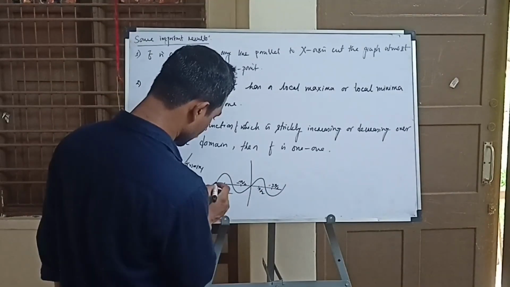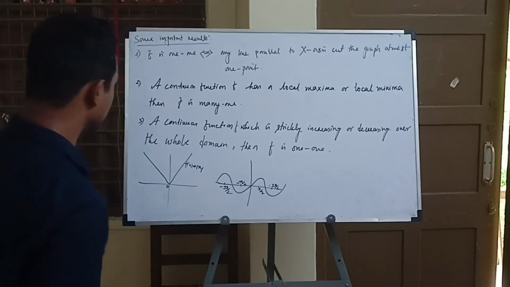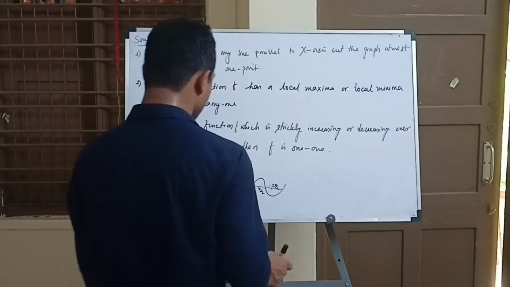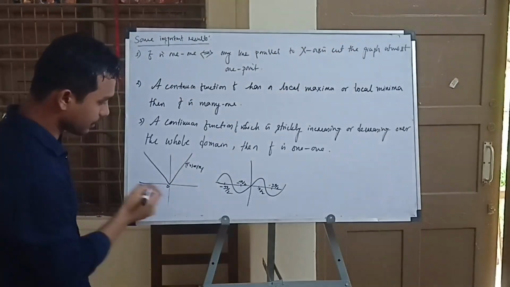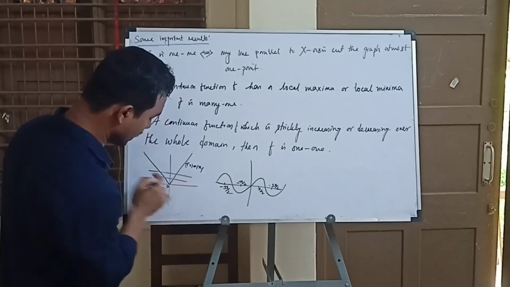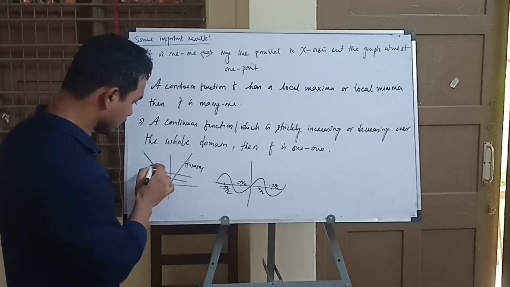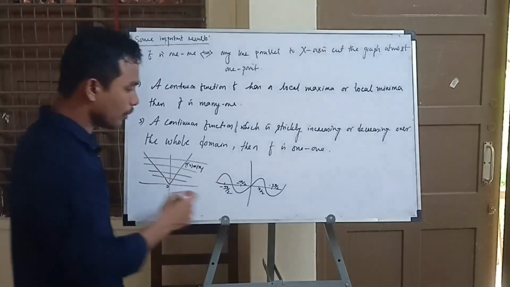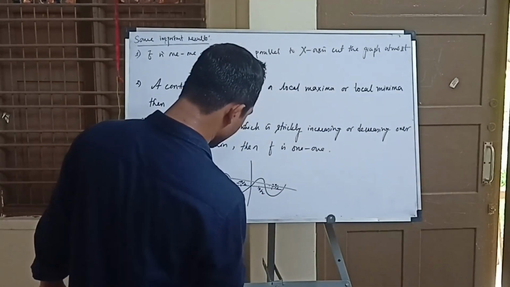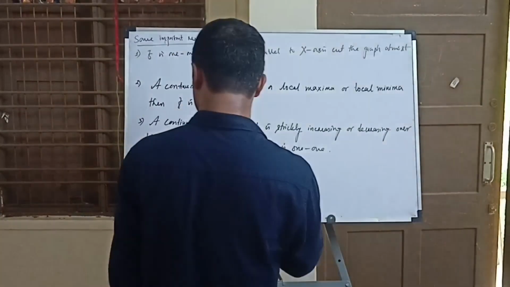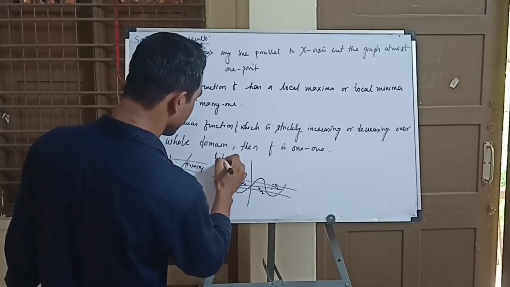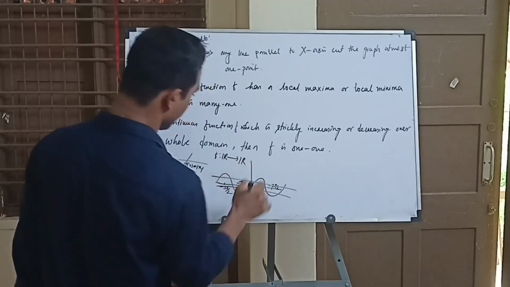That's why it is many-one. By the graphical method, we can directly say that this function is many-one because any line parallel to the x-axis cuts the graph at 2 points, and here infinitely many times, correct? Both functions are from R to R.